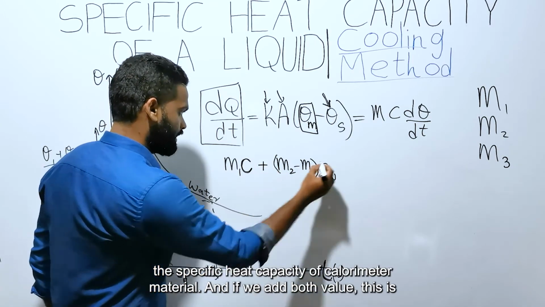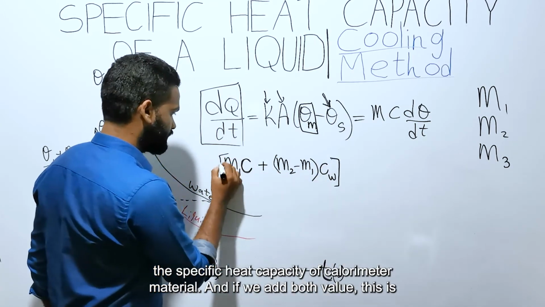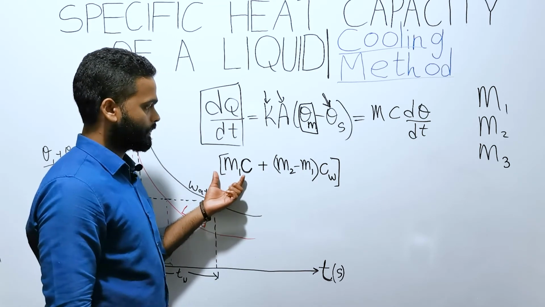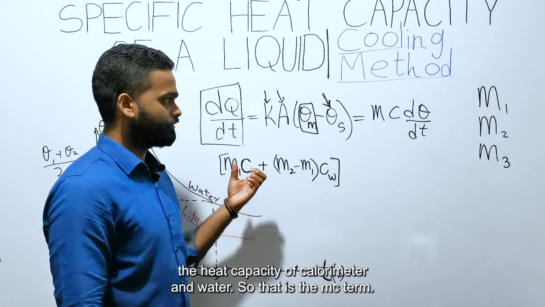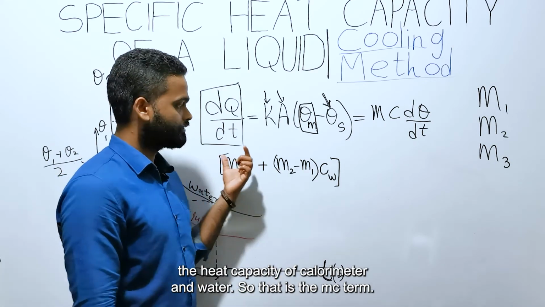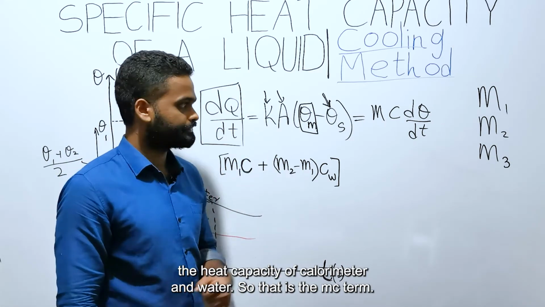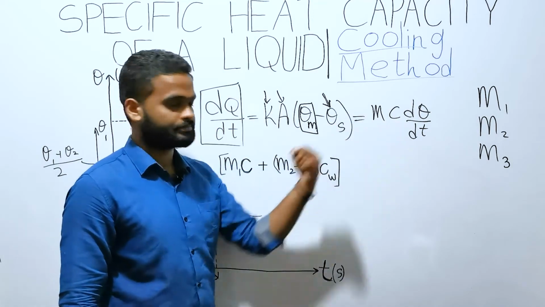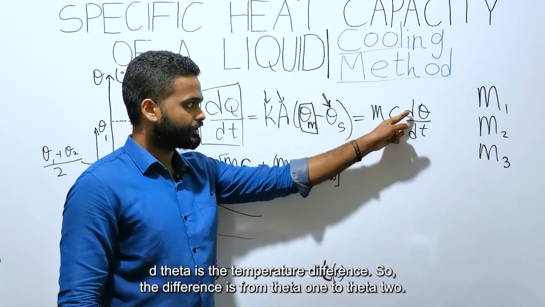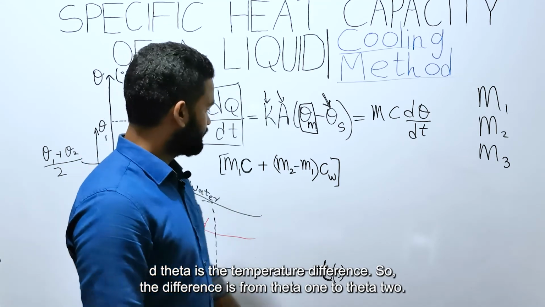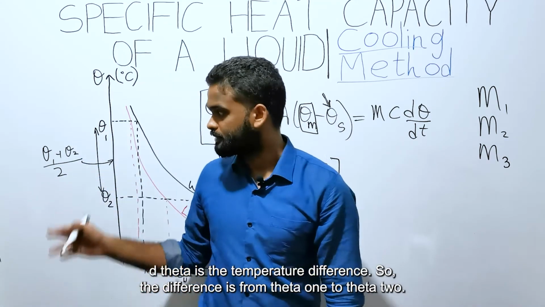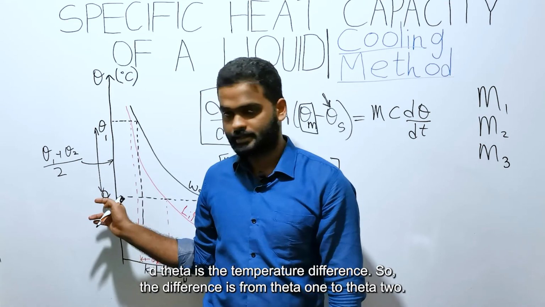And if we add both values, this is the heat capacity of calorimeter and water. So that is the mc term. d theta is the temperature difference. So that difference is from theta 1 to theta 2.